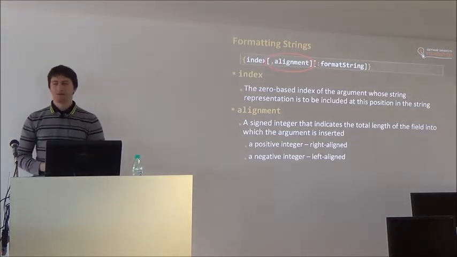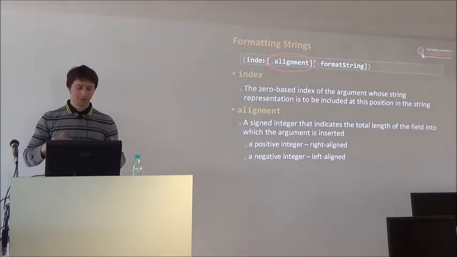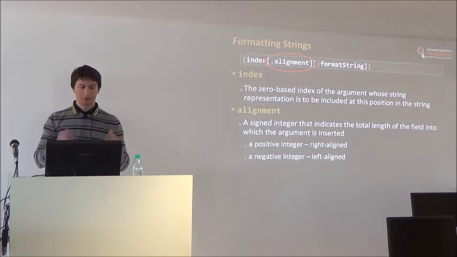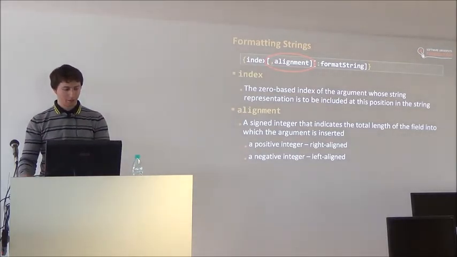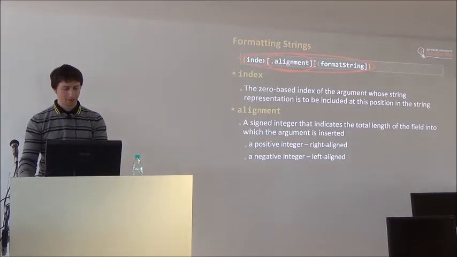So this is the optional argument alignment, which you can use to align the next input, the argument you have. As you see, this is all inside the curly braces. This is what we've been seeing so far, the 0, 1, 2, etc., which is the index. This is the first part, the index.